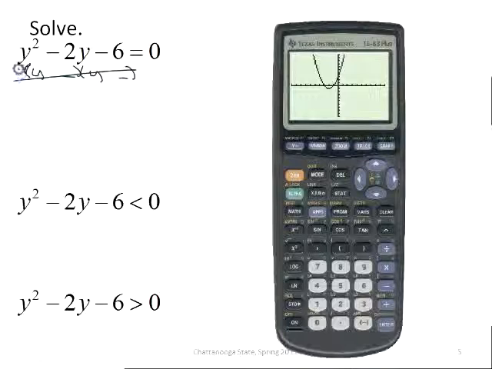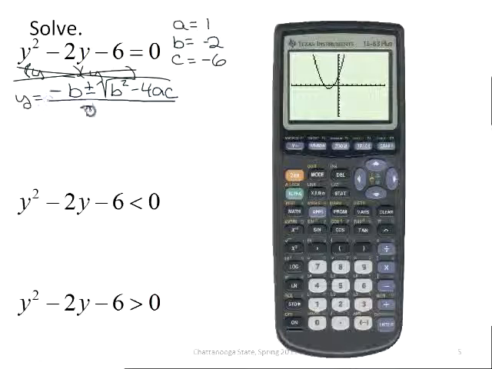If you can't factor it, you are either going to use the quadratic formula or completing the square. So I'm going to use the quadratic formula. A is 1, B is -2, and C is -6. So my y would equal the opposite of b plus or minus the square root of b squared minus 4ac, all over 2a.